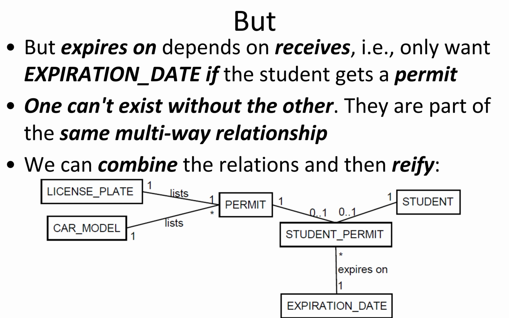Okay, so we're explicitly distinguishing permits that are for students, right? So if it is for students, then we create a record that has an expiration date. Presumably this permit also has a link to a professor, or has a link to a faculty that doesn't have a record for expiration.